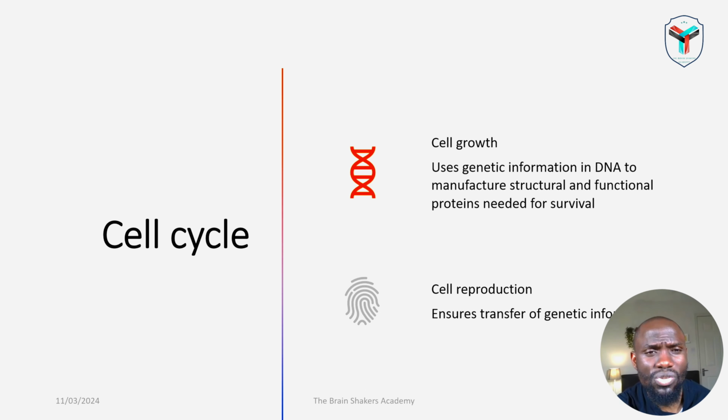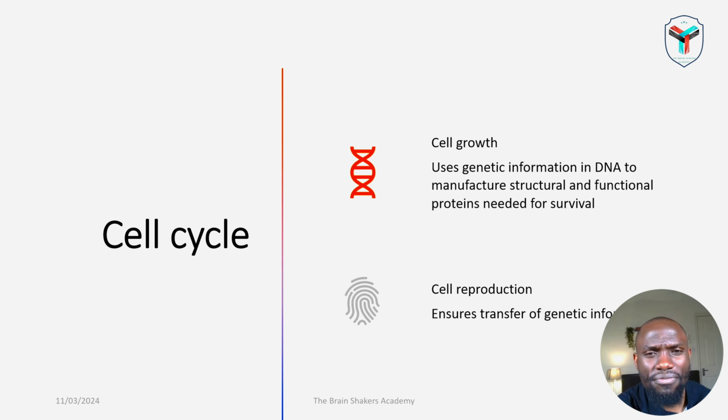Now, the cell growth is also known as the interphase period, where the cell is going to grow and make a copy of its DNA or deoxyribonucleic acid, and then goes into the second phase, the cell reproduction phase, which is also known as the mitotic phase, where the cell is going to separate its duplicated DNA into two sets and then later on divide its cytoplasm to form those two daughter cells that can either get into what is known as the resting phase or continue with the cell cycle.